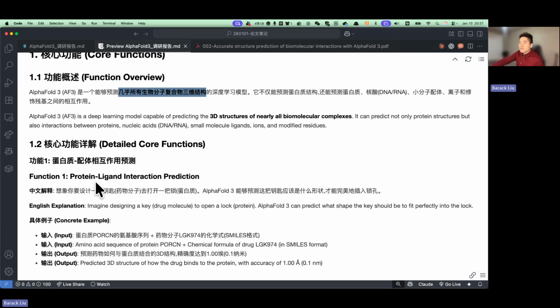Feature 1, protein-ligand. Well, I guess that's how to pronounce it.